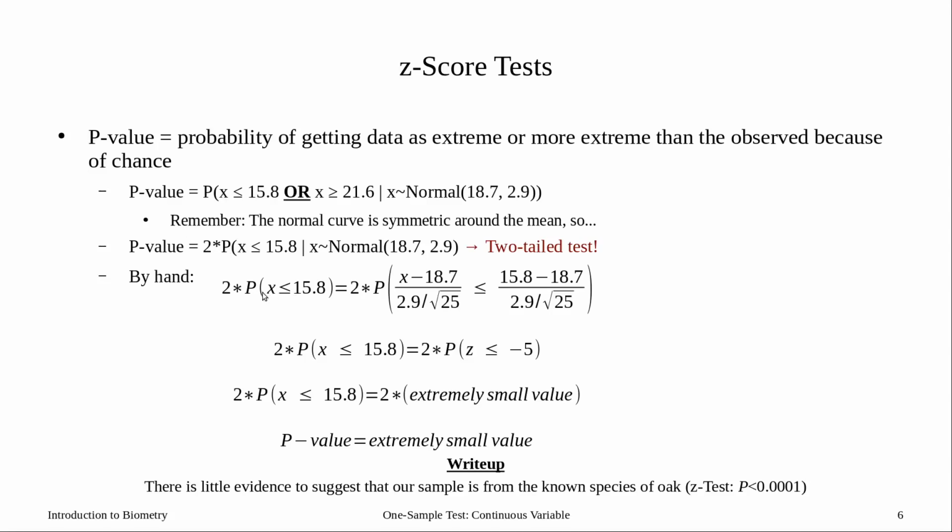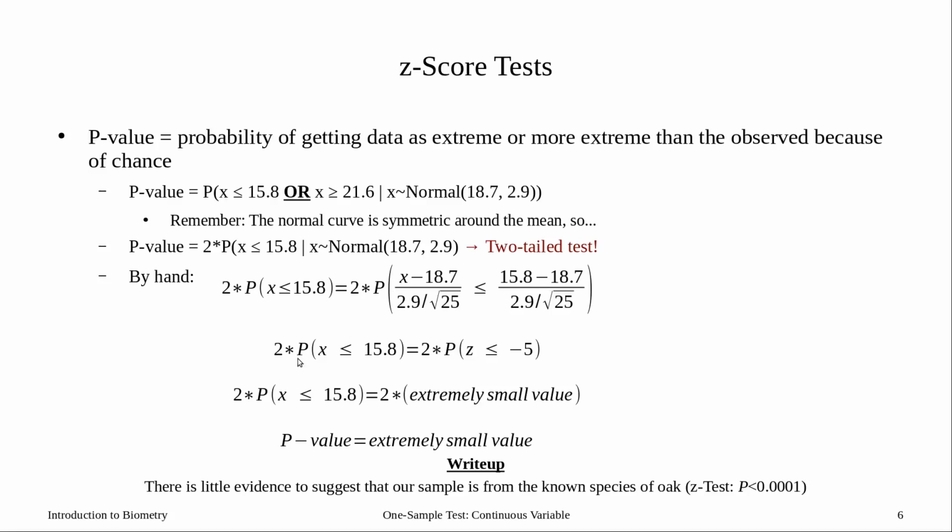So I'm going to go ahead and set up this probability. 2 times the probability that x is less than or equal to 15.8. I'm going to do just like what we did on our last exam. So x minus 18.7 divided by our standard error, 2.9 over the square root of 25. So we have to use the standard error of our mean.